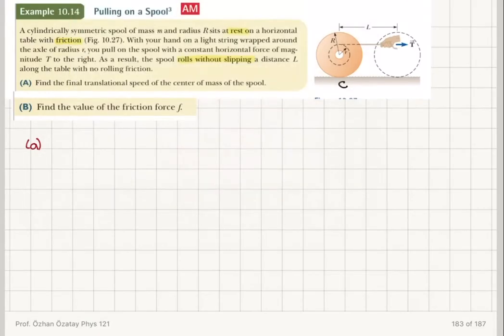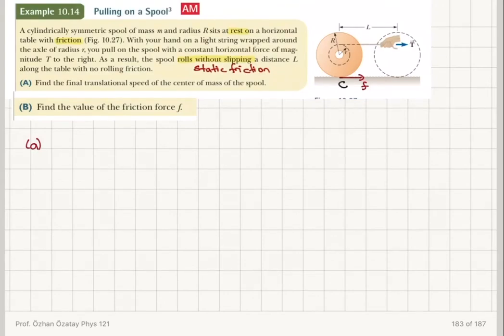In order to do that, I have the contact point here, and the first thing I note is, because it's rolling without slipping, it is static friction. And for static friction, I don't know where it should point. I will assume that it points to the right, and maybe Newton's laws of motion will prove me wrong.